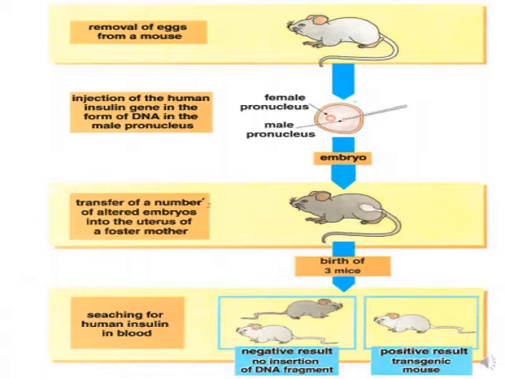So we inject it in the form of DNA in the male pronucleus, and then we transfer the number of altered embryos that are produced into the uterus of a foster mother that's shown here. This is the foster mother. So we transfer the number of altered embryos into the uterus of the foster mother.